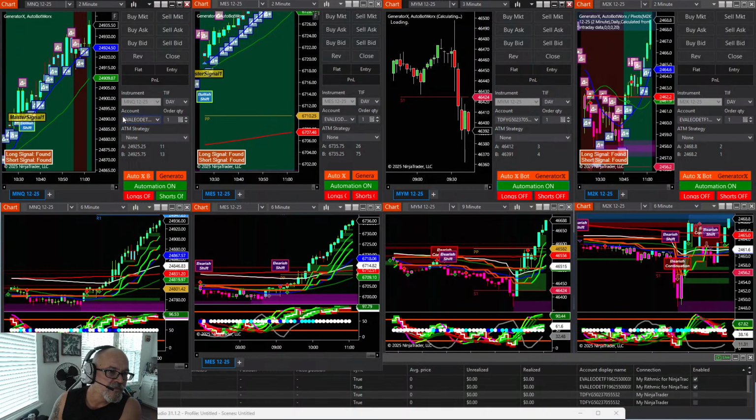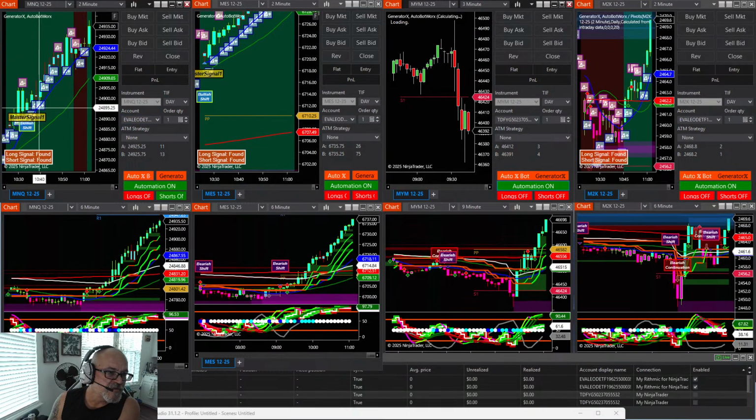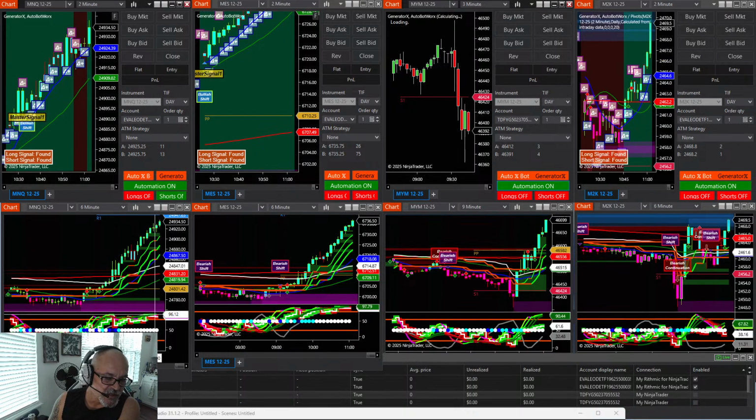Now we are set up in an area up here to be able to get a pullback on my 6-minute chart for NQ. It's looking really nice for a possible pullback.